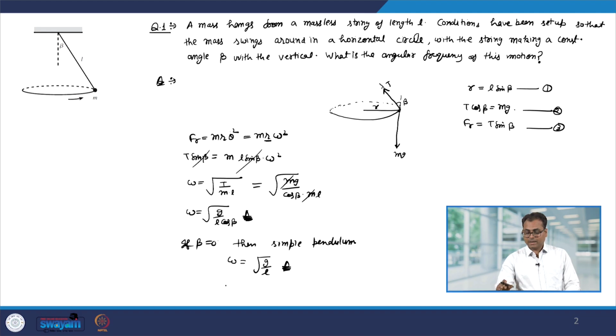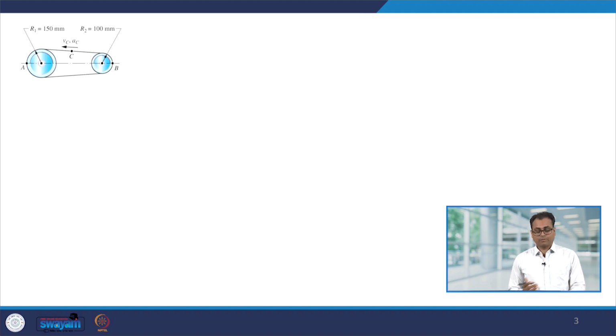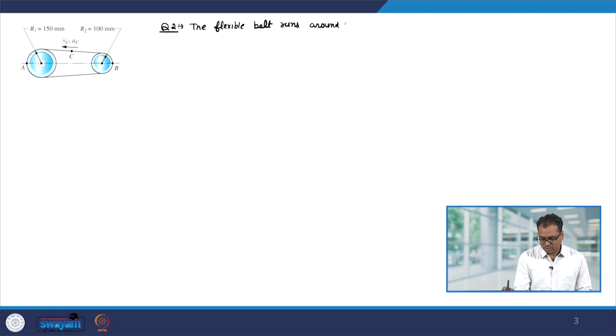Now, let us look at another problem statement based on a flexible belt. The question statement is the following: the flexible belt runs around two pulleys of different radii.